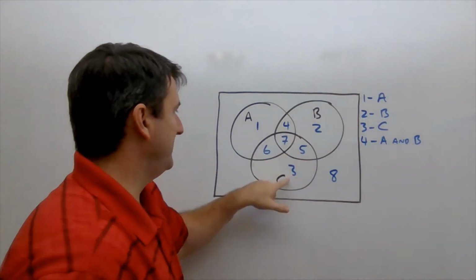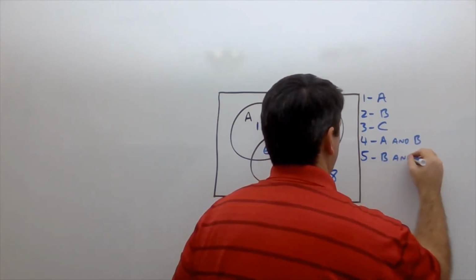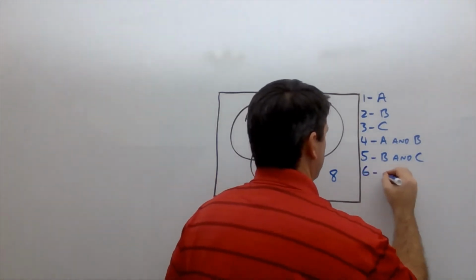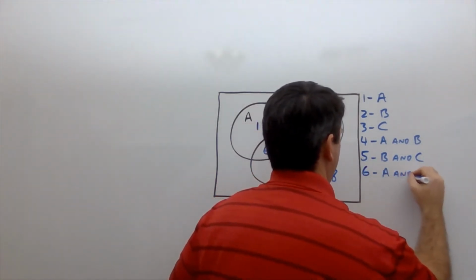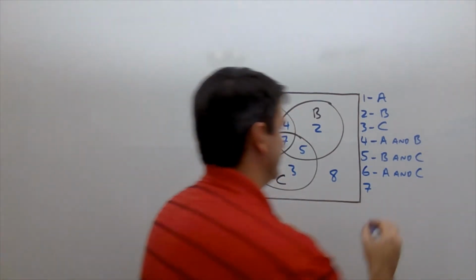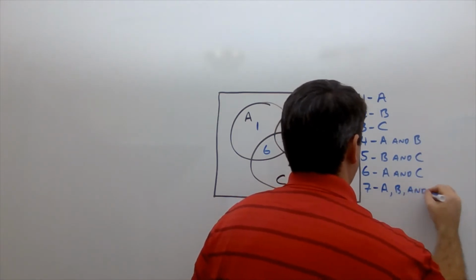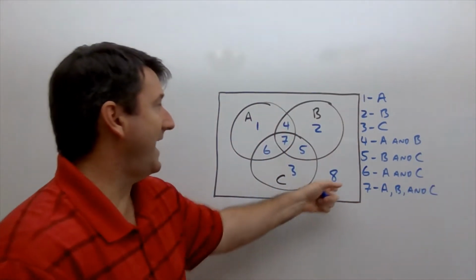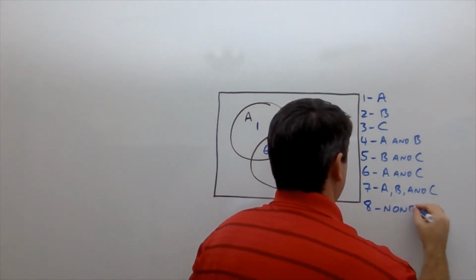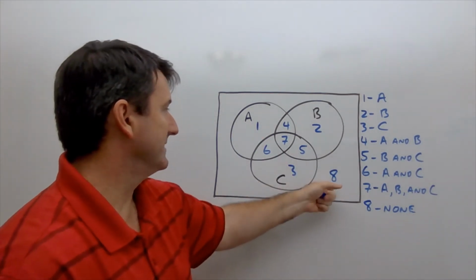And 5 is B and C. 6 is A and C. And 7 is all 3, A, B, and C. And then 8 is neither A, B, nor C. So none of these applies out in this region 8.